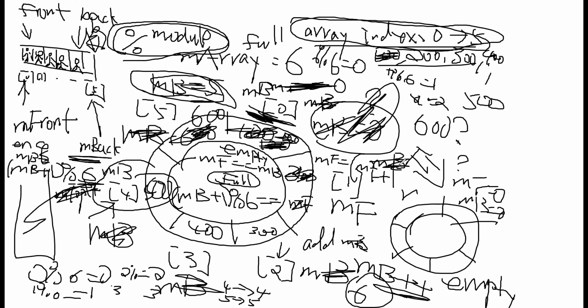So how do we solve that dilemma? It's the same thing. You do modulo 6. Then in this case, you can guarantee that both your front index and the back index are always going to be within the array's legal index range. Okay, so that's the general idea about a circular array.